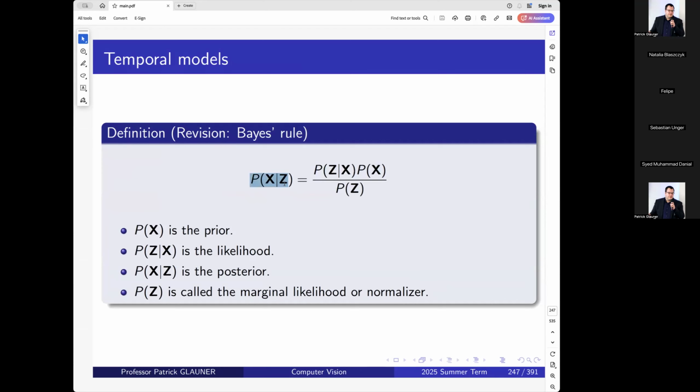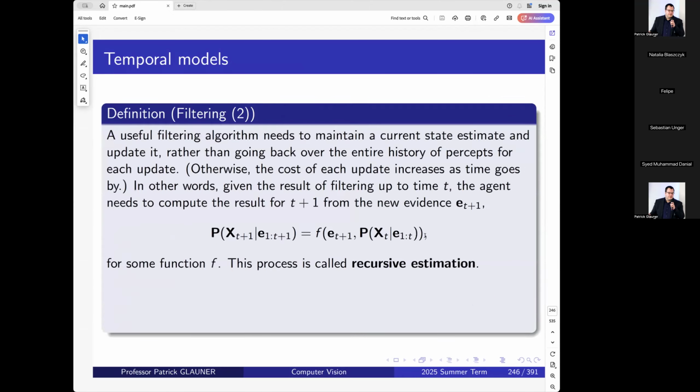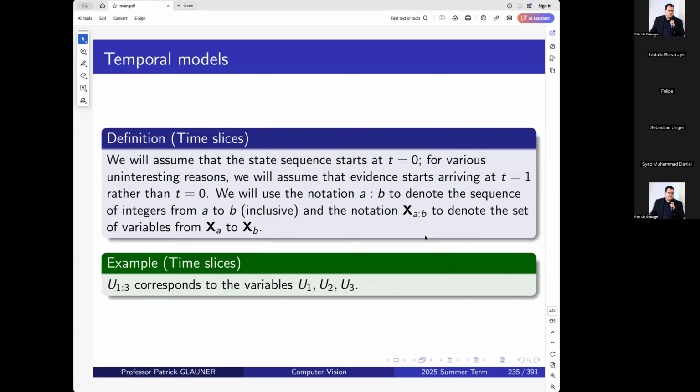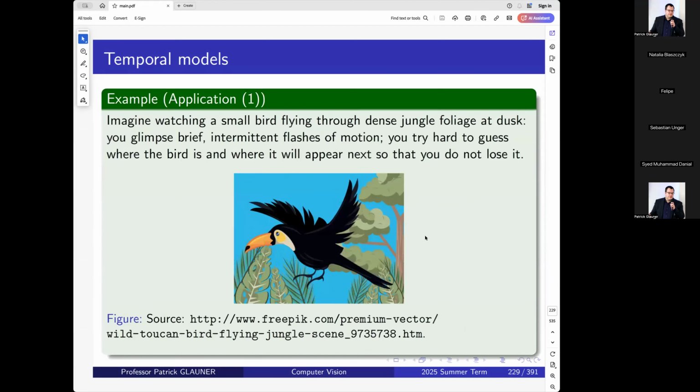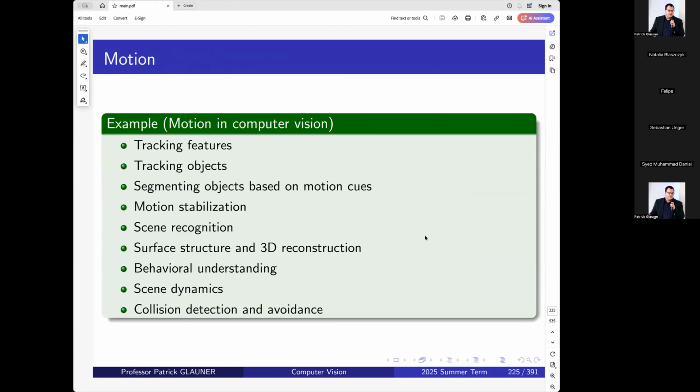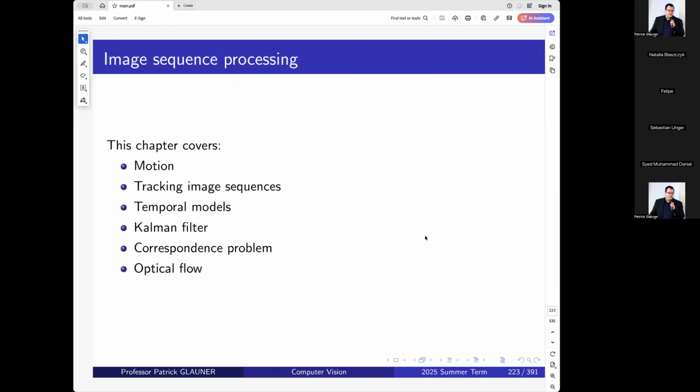Next week, I will assume that you know conditional probabilities, and we will just look into Bayes' rule very briefly, because it will be a foundation for all the other things we're doing, because we will look at temporal models. So we will look at temporal data, and the beauty of these models is they are highly generic.